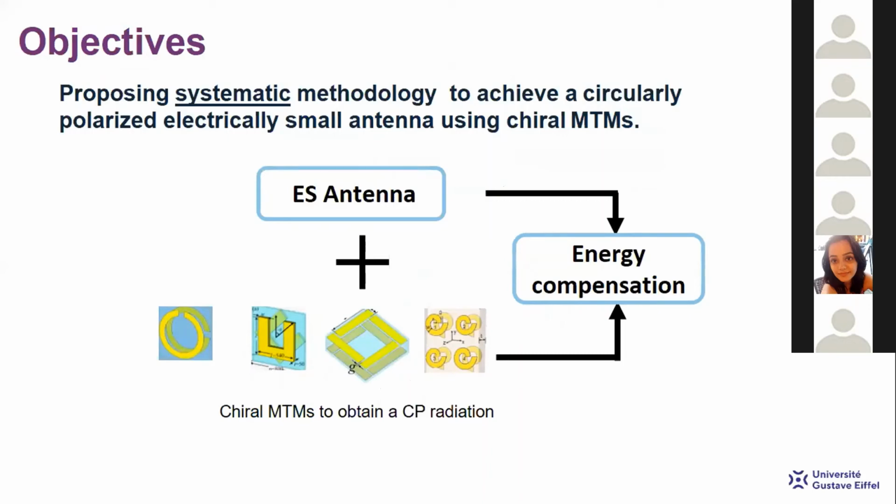So in this contribution, we propose to study electrically small dipoles with the chiral metamaterial, and we try to understand the energy compensation in the near field between the small antenna and the chiral metamaterial.